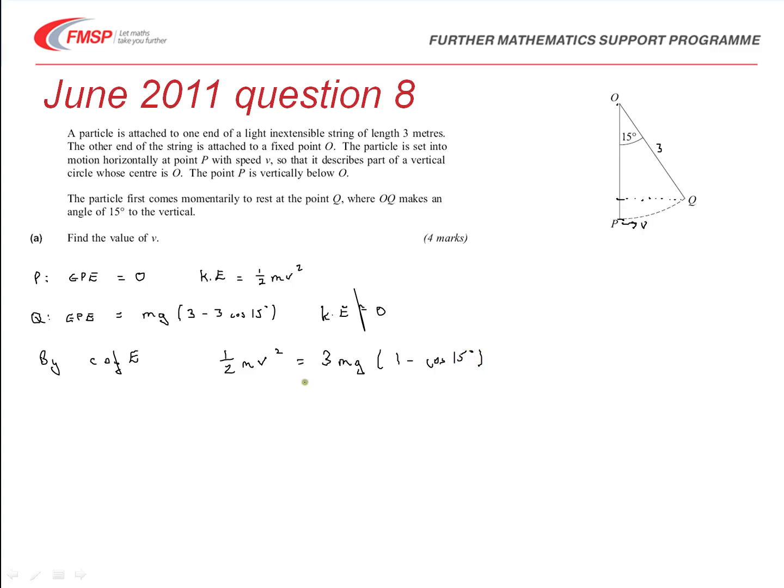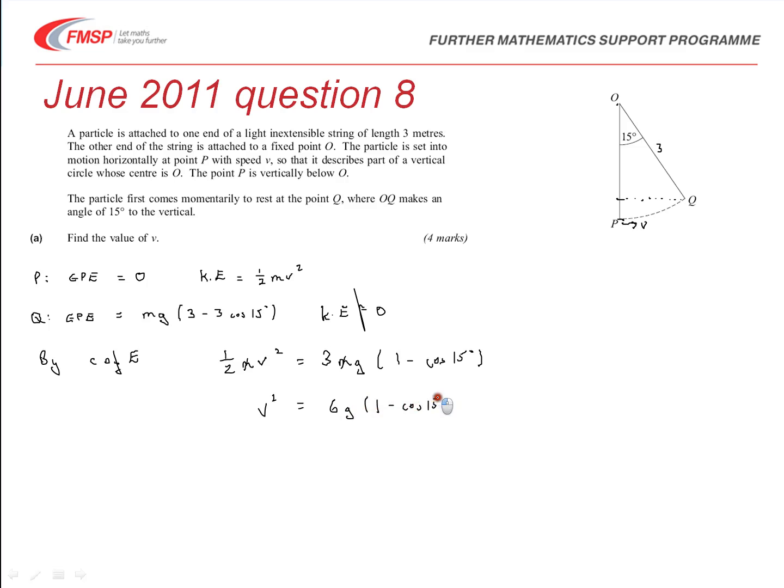Well, at this point we can see the m will cancel out from both sides, so that leaves us with the fact that v squared must equal 6g times 1 minus cos 15 degrees.